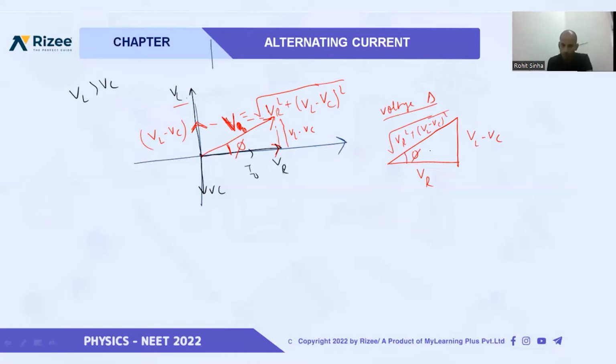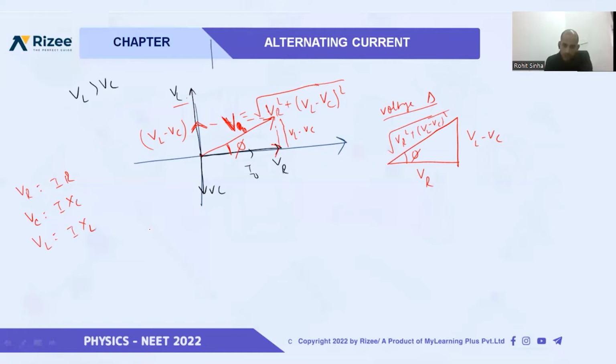Now we know one more thing: VR is how much? I into R. VC is how much? I into XC. And we know VL is equal to I into XL. These three we know. Now put all these three values here.